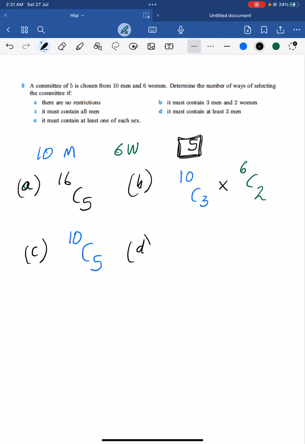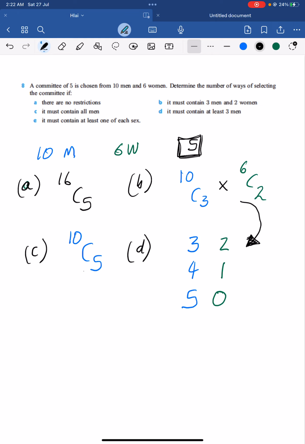D, it must contain at least 3 men. All right, so now we just do some ideas like 3 men, 4 men, 5 men. At least 3 means 3 or more, right? So at least 3 means greater than or equal to 3. So we've got 3 men, 4 men, 5 men, but of course it's a 5-person committee, so that would be 2, 1, and 0 women. Now we've already got the answer for 3 males and 2 females here.